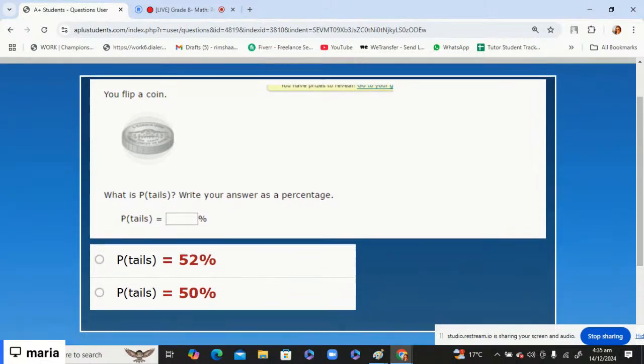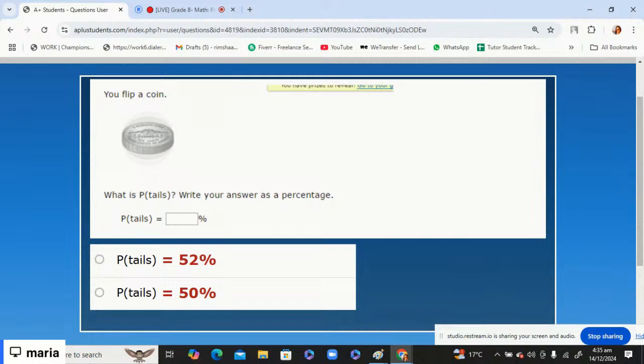This is a very important question. We already solved this one, but it's the same kind of question. You flip a coin. What is the probability of tails? Write your answer as a percentage.